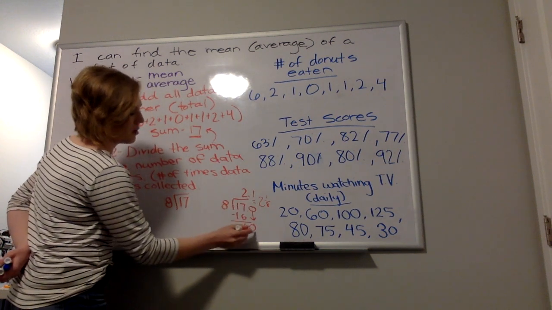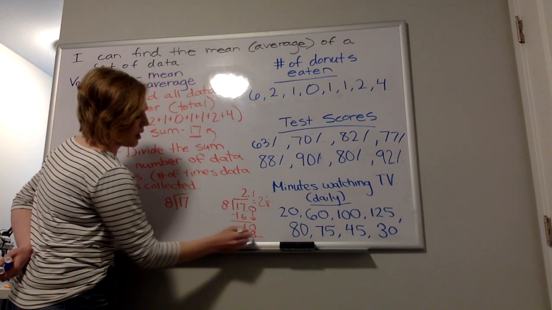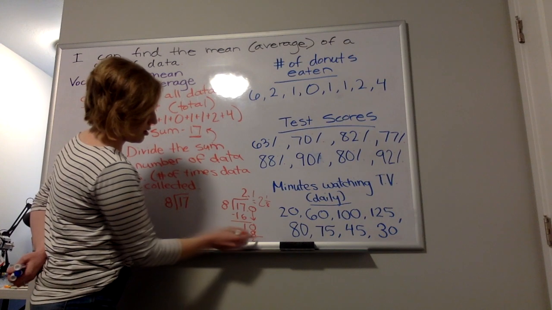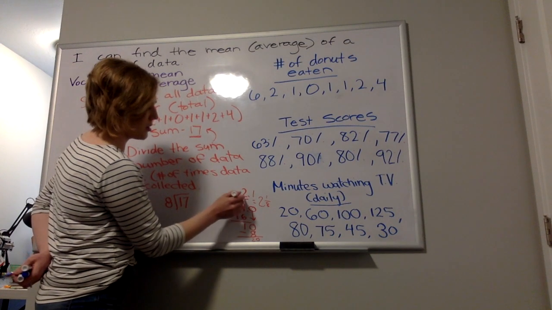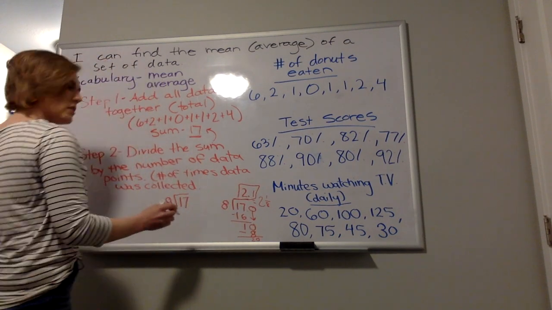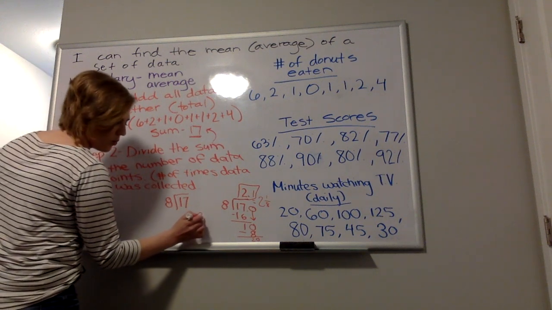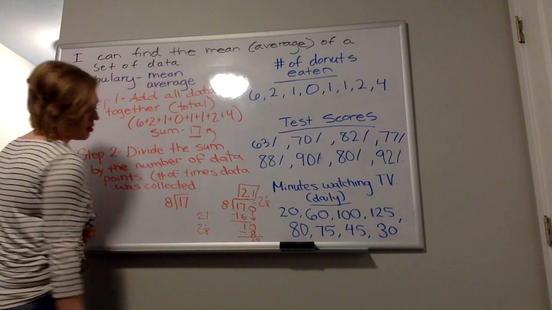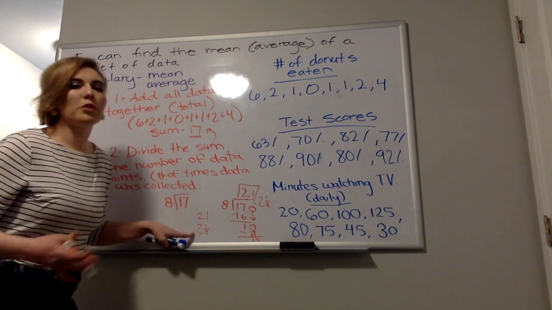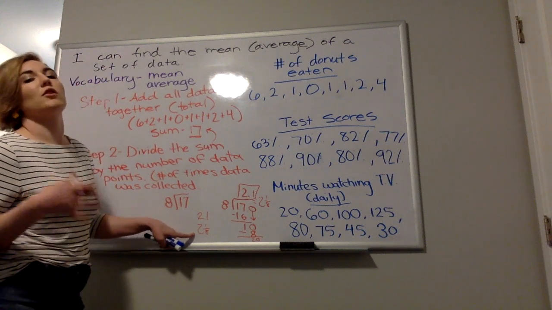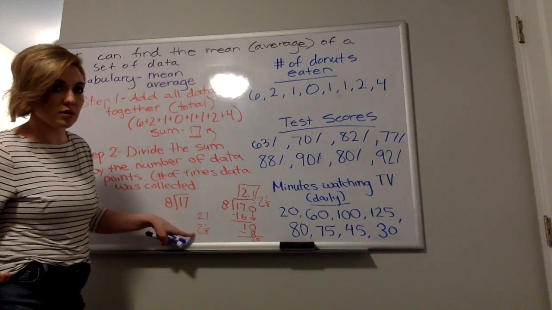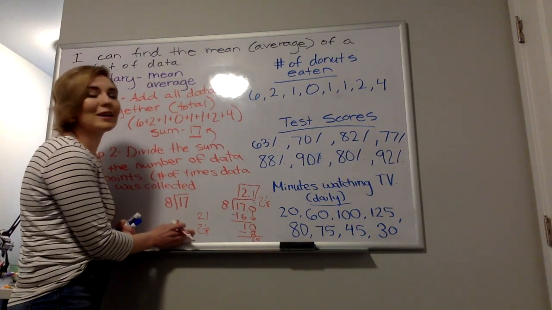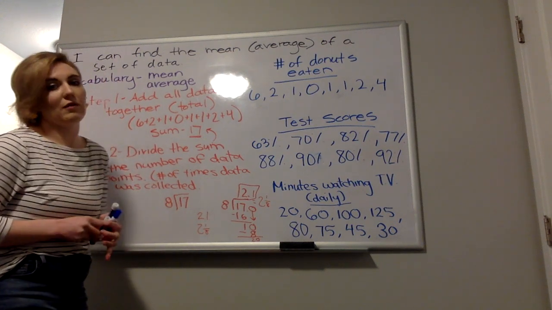It would round to 2.1. So it's about 2.1 donuts or 2 1/8. Each person at this party had an average of 2 1/8 donuts. It's okay if you get a fraction. It's okay if you get a decimal, because not all numbers are going to go into it evenly.